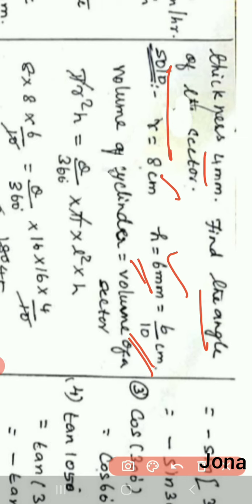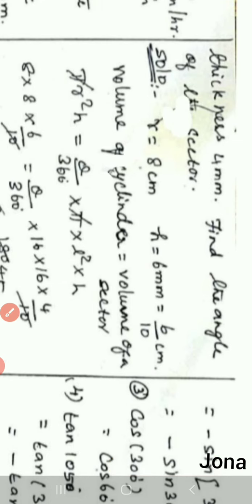Here it is molded and shaped into the other thing, a pie. A pie is nothing but a sector. So the volume of the cylinder is equal to the volume of the sector, because they are molding and shaping it into the other thing, so we can equate the volumes.